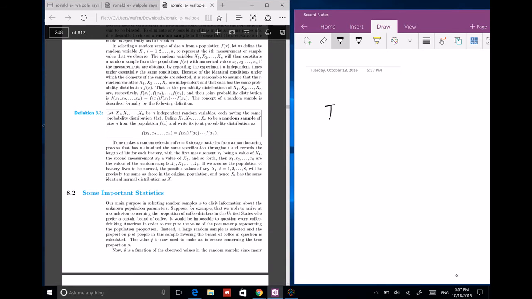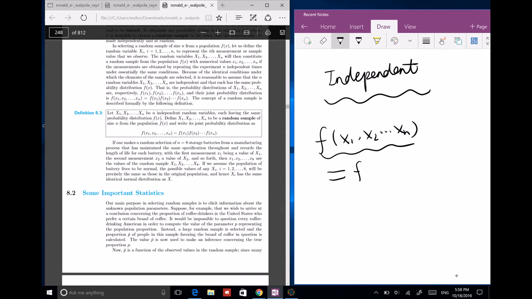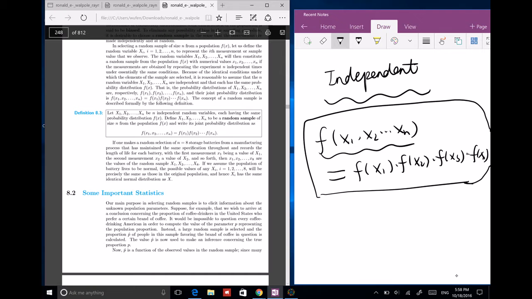If they are independent, each having the same probability distribution f(x), we define X1, X2, ..., Xn to be a random sample of size n from the population f(x), and write the joint probability distribution as f(x1, x2, ..., xn) = f(x1) times f(x2) times f(x3) and so on up to f(xn). For this equation to be true, all the variables have to be independent of each other.